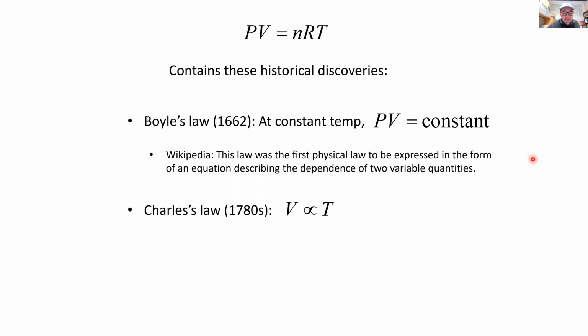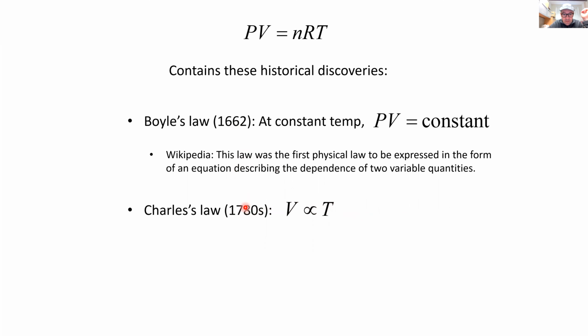All right, Charles's law. This goes to 1780. So this observation, which is that the volume of a gas is proportional to temperature, really had to wait for Fahrenheit to establish thermometry and methods to really accurately measure temperatures.